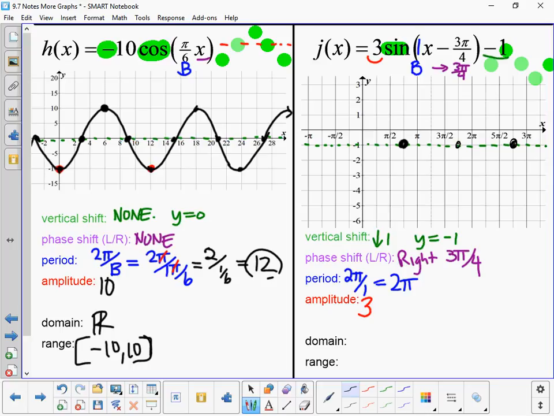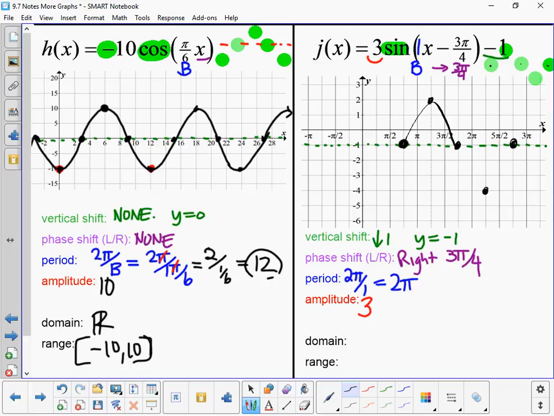Halfway in between, it's also going to be on its midline. So for our pattern, we've got those 3 on the midline now. And now finally we'll use our amplitude. Halfway in between, it goes up 1, 2, 3 from the midline. Halfway in between, it goes down 1, 2, 3 from the midline.